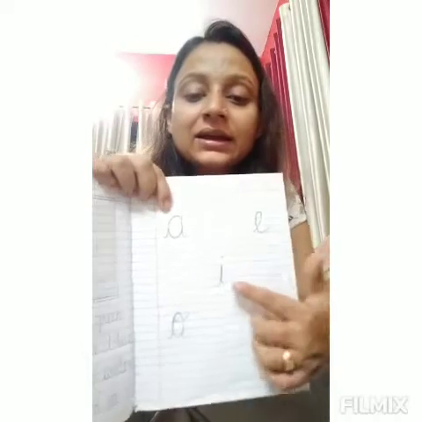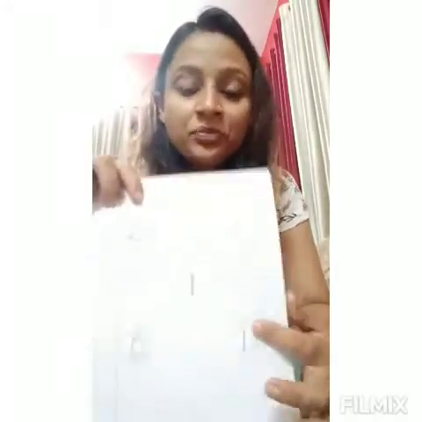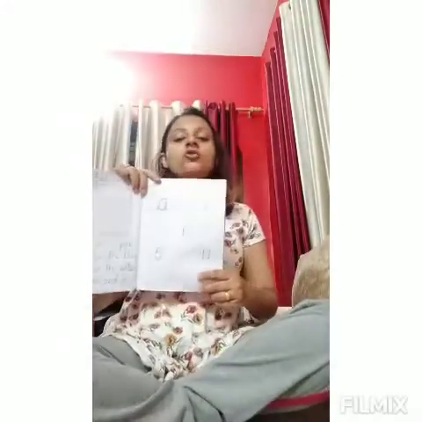So it is uh and ooh. Let's say that and say the name of the vowels again. A, E, I, O, and U. Alright? So these are your vowels.